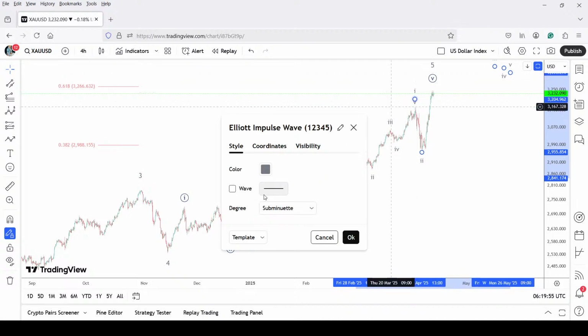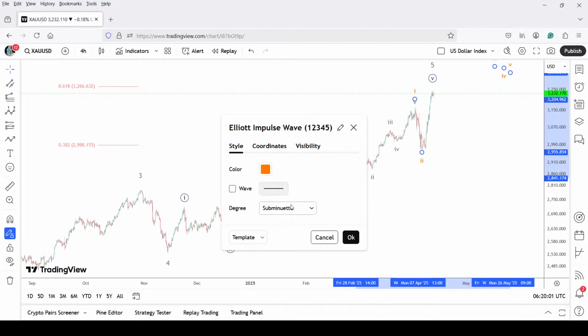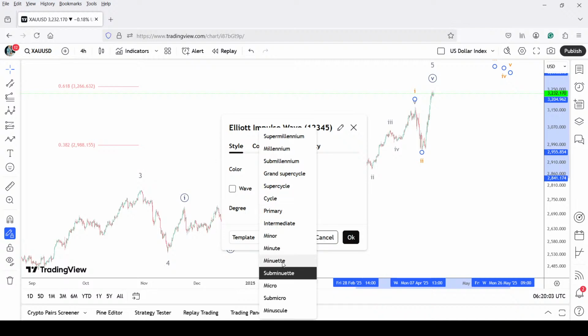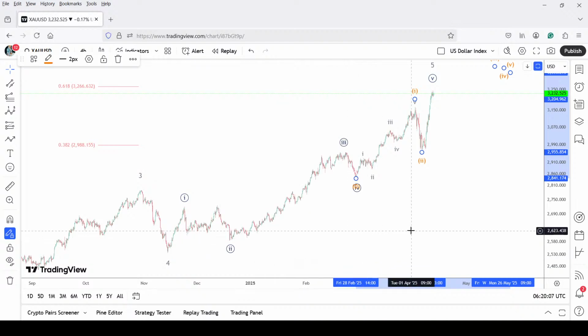That would be orange minute. This is what was the alternate count which we discussed briefly over the last session, the Tokyo Sydney overlap.